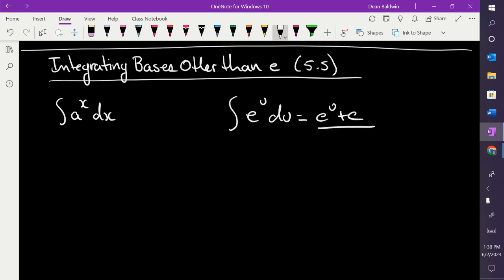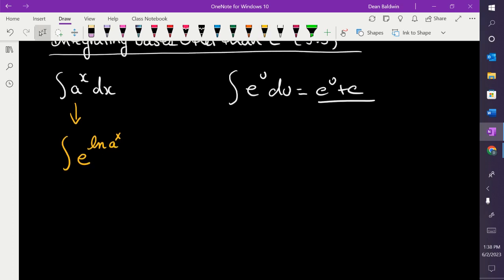So what we're going to do is rewrite it as this: e to the natural log a to the x. Can we agree that that is the same thing? And why it is the same thing is the real key here.